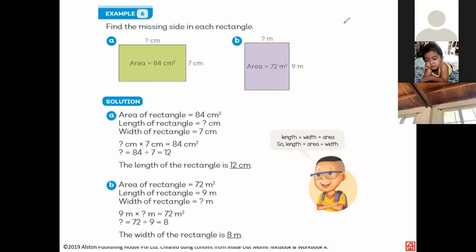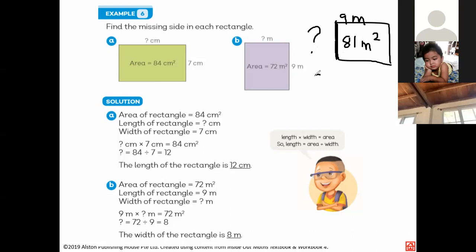Okay, another example. I have a square and the area is 81 meters squared and the length here is 9 meters. What is the length on this side? 9.